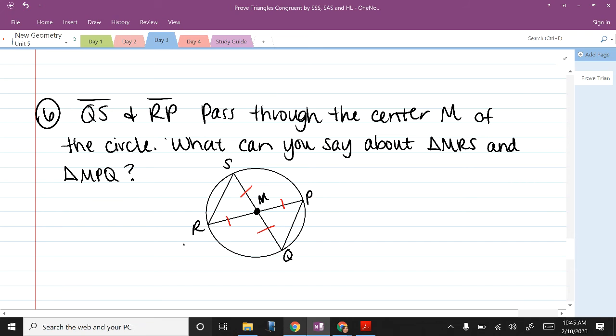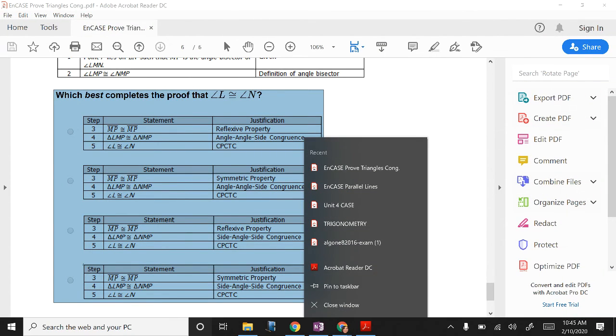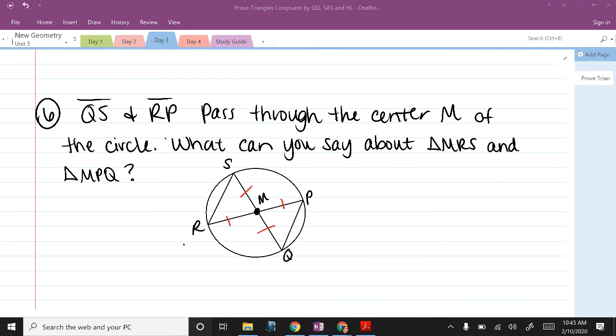But do we know anything about these two segments, RS and QP? No. I can't say that these are congruent to each other. Is there anything else in these two triangles I can say are congruent to each other? The angles. Why are these angles congruent to each other? They're vertical angles, aren't they?